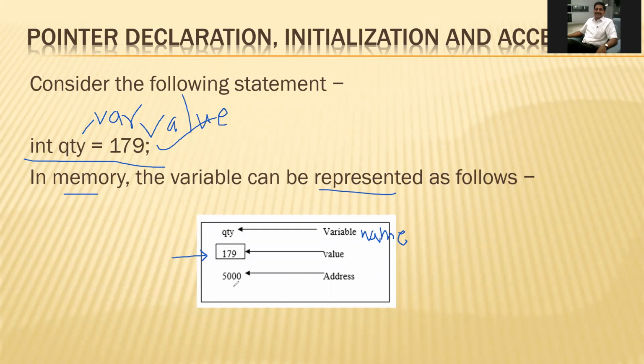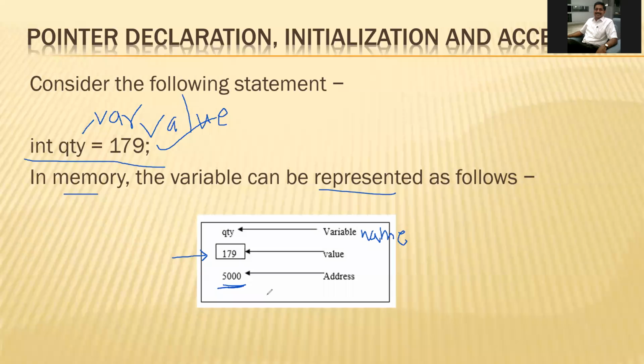This 179 is stored at the address 5000. This is address 5000, the particular address of 179. What is this address? This is like the address of our home. We have our unique address in our city or in our village. Everybody has a different home address.